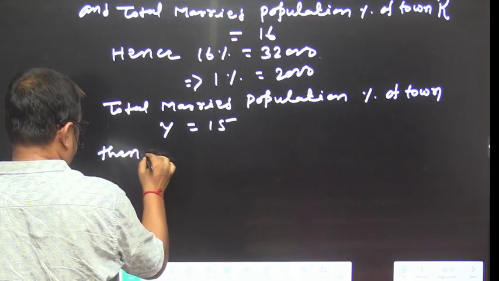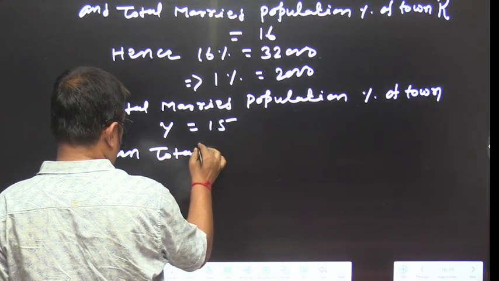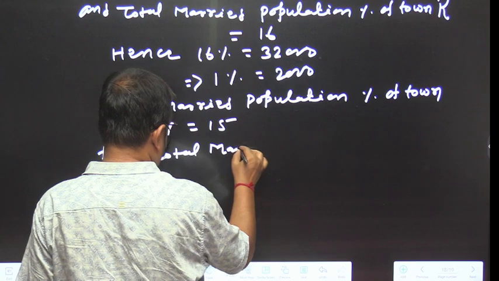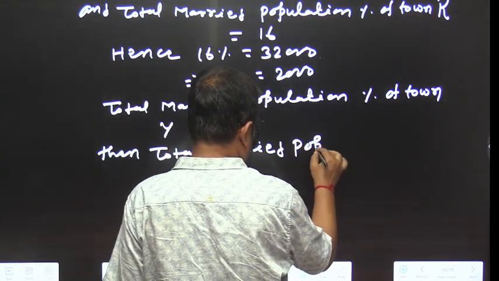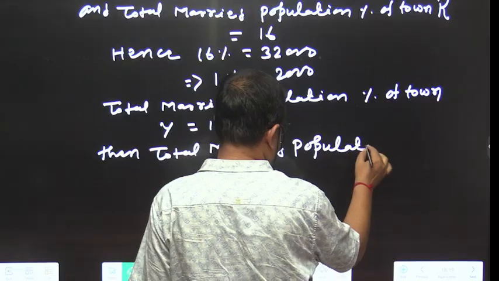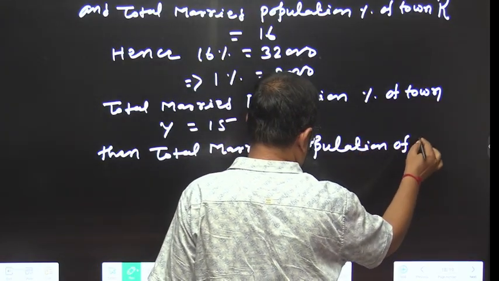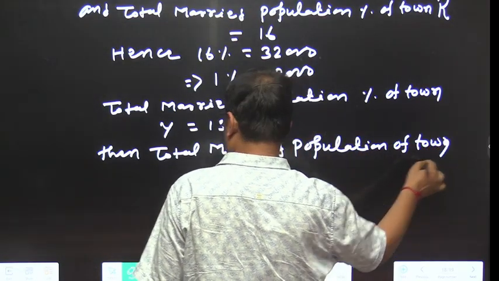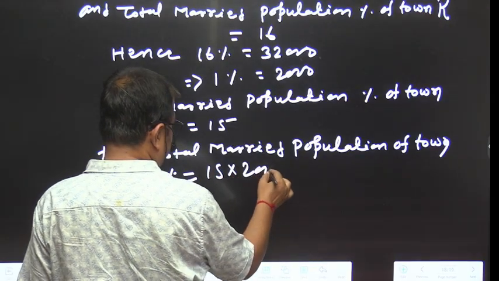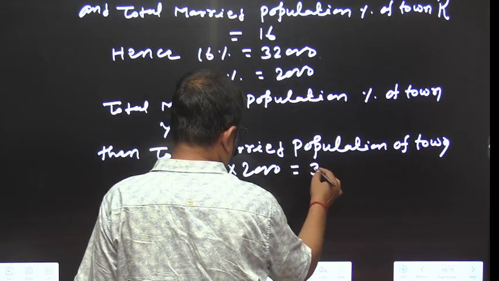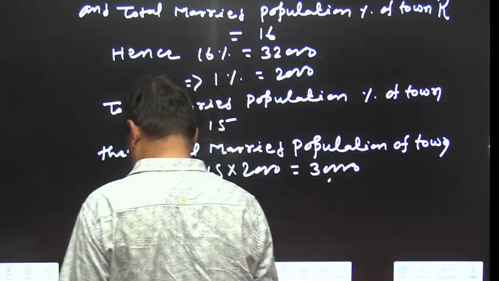Then the total married population of town Y equals 15 into 2000, 30,000.